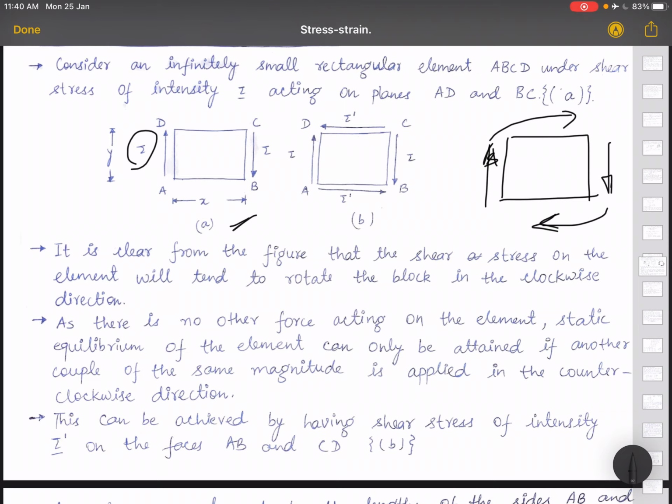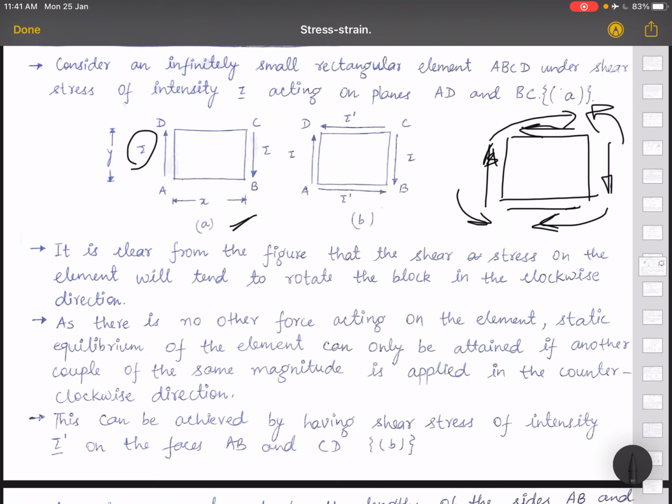As there is no other force acting on the element, static equilibrium can only be attained if another couple of the same magnitude is applied in the counterclockwise direction. For equilibrium we cannot allow this type of rotation, so we have to apply an equal torque, of equal intensity, in the opposite direction.